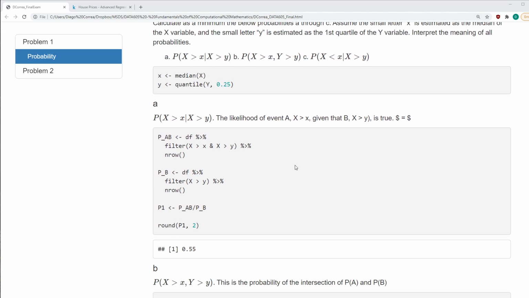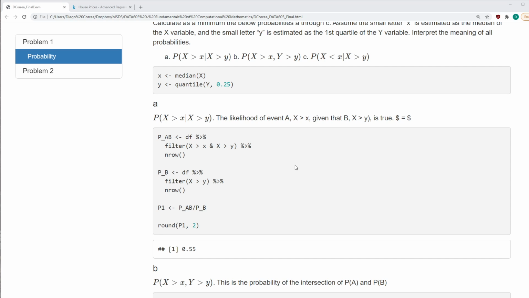Question A. Probability that x is greater than the median of x, given that x is greater than the first quartile of y. That is the likelihood of event A, given that B is true. In order to do that, I calculate the probability of AB by filtering the rows where the random variable x is greater than the median of x, and the random variable x is greater than the first quartile of y, and I count the rows.